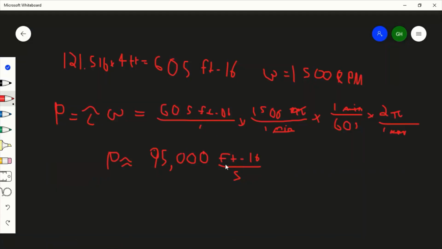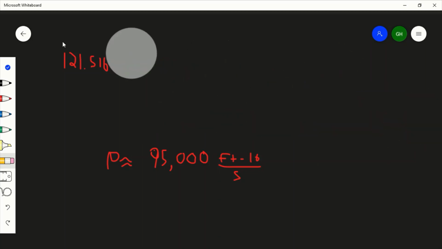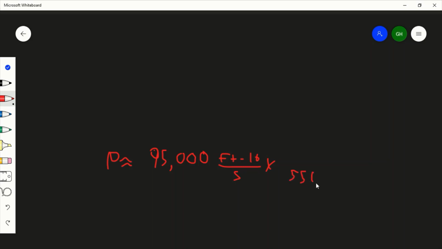Okay, so one thing we know is that this is our power right here. But if we're going to do this in amps, then we're going to need to convert this into watts. So that means that we have to take, so we do this, I'll just abbreviate this to foot-pounds per second, or 745.7 watts.